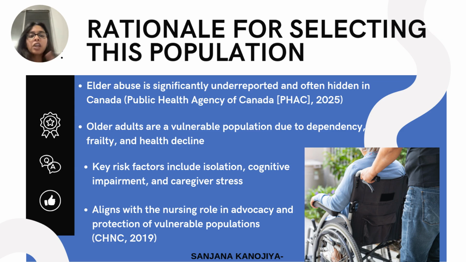In addition, risk factors like social isolation, caregiver stress, and dependency further increase their vulnerability to abuse and neglect. This topic is highly relevant to nursing practice, and nurses have a professional and ethical responsibility to advocate for vulnerable populations and ensure their safety and well-being.